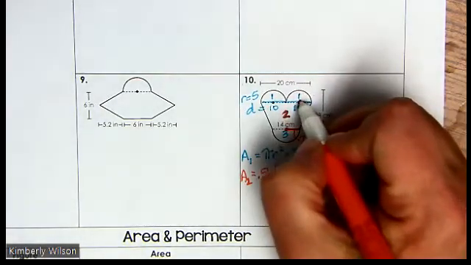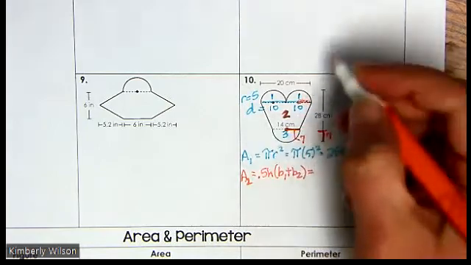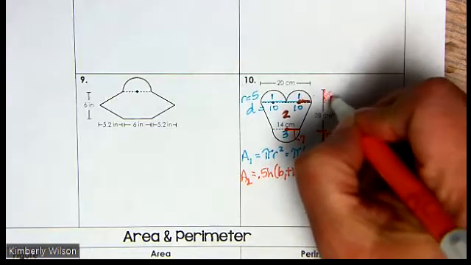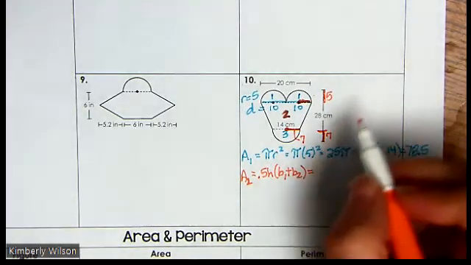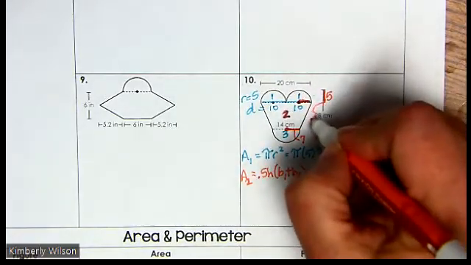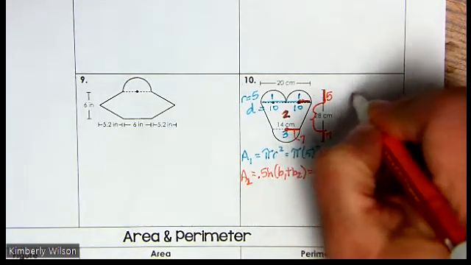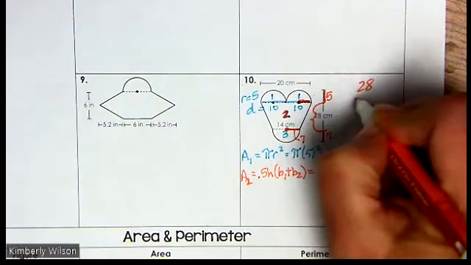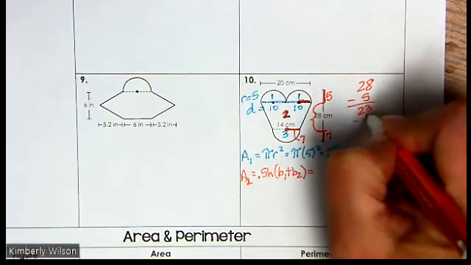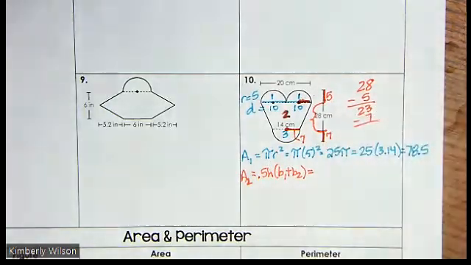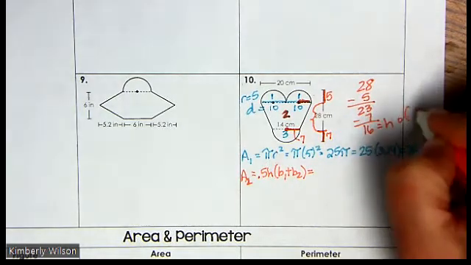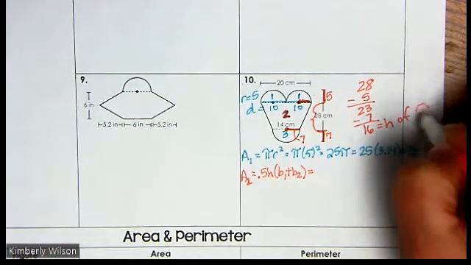Well, if this is a 5 from here to here, that means the distance from here to here is 5. So to figure out the height, which is this distance here, I'm going to do 28 minus 5, which is 23, minus 7, which gives me 16. That is the height of the trapezoid.